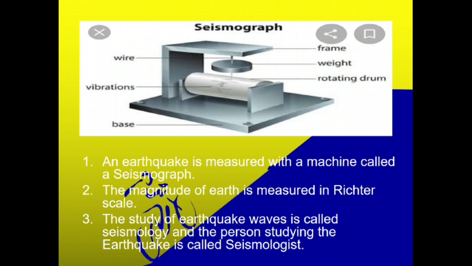Similarly, an earthquake is also measured with a machine called a seismograph, and the magnitude of an earthquake is measured on the Richter scale. The study of earthquakes is called seismology, and the person studying earthquakes is called a seismologist.